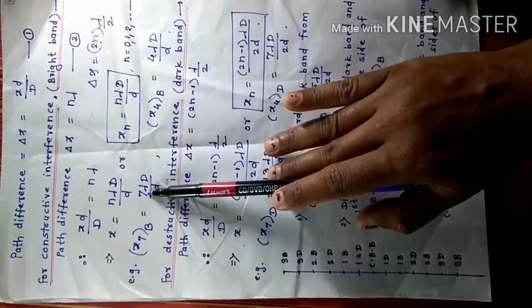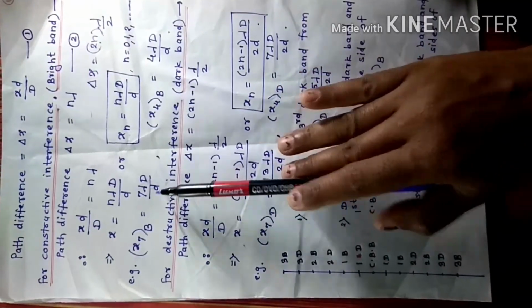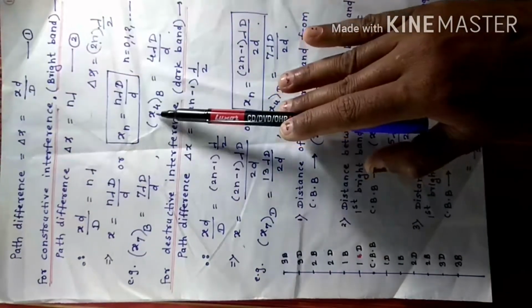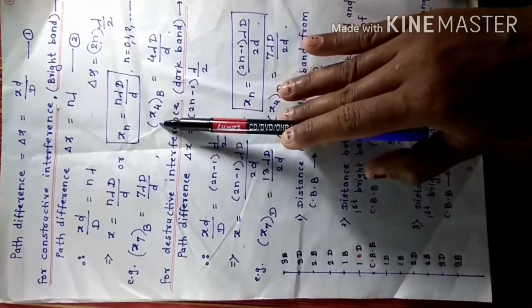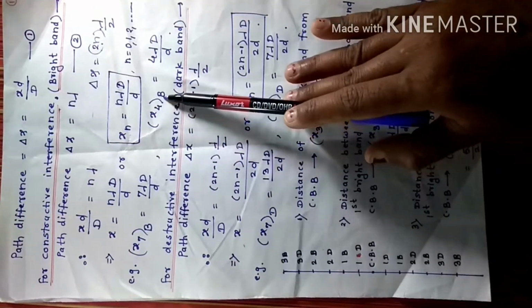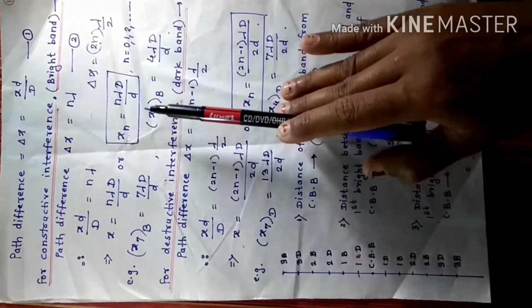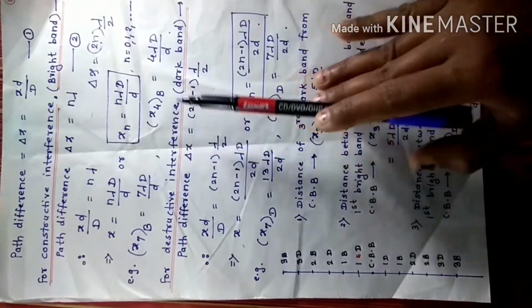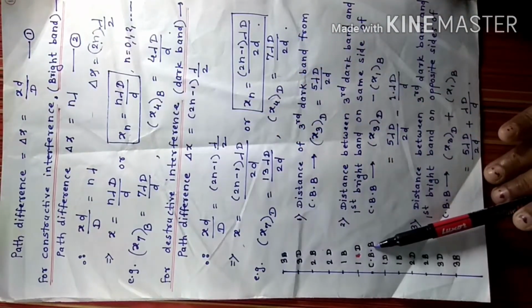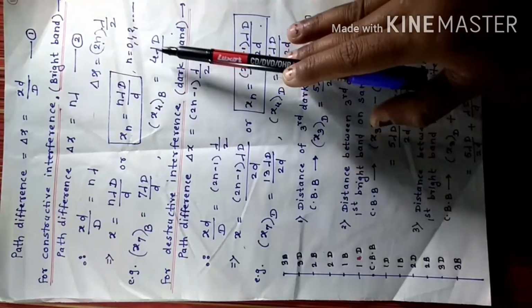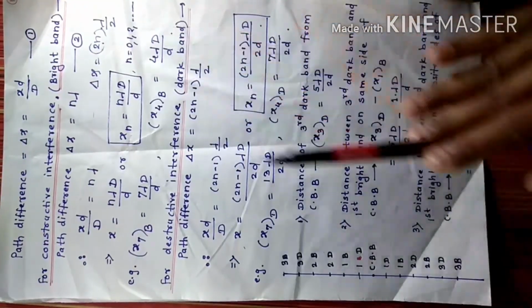So it is 7 lambda capital D upon small d. For the second example, x4b means the distance of the 4th bright band from CBB. Listen again: distance of the fourth bright band, but from where? From the central bright band. Then replace n by 4: 4 lambda capital D upon small d.